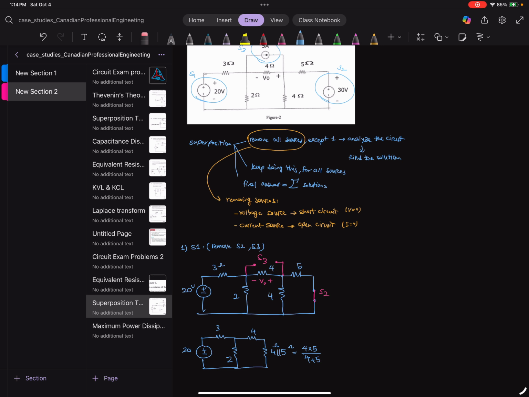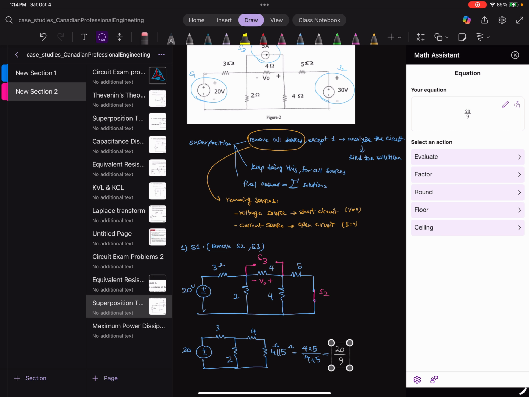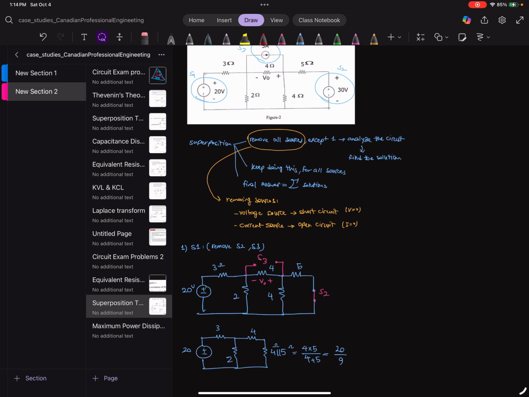So it's going to be 20 over 9, so that's like 2.22.